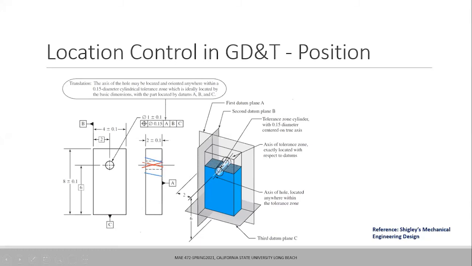It is not such a big deviation, but if my axis is like this, the hole would be drilled like this, and it will be perfectly acceptable as long as the axis is within the cylindrical tolerance of 0.15 millimeters. Yeah, perfect. Thank you.